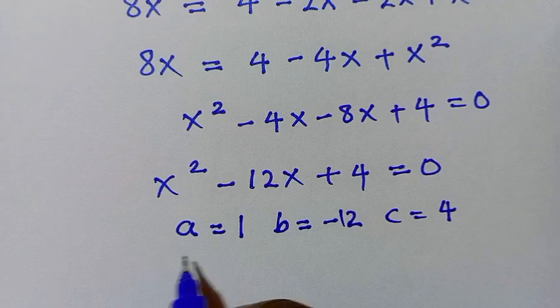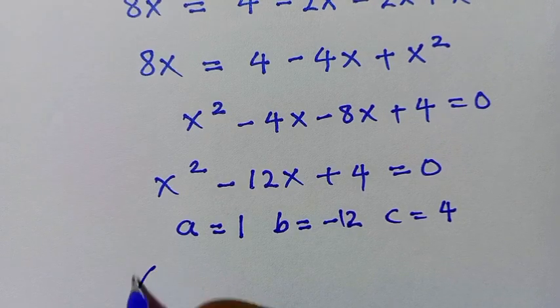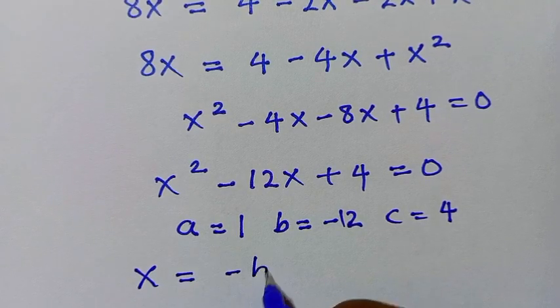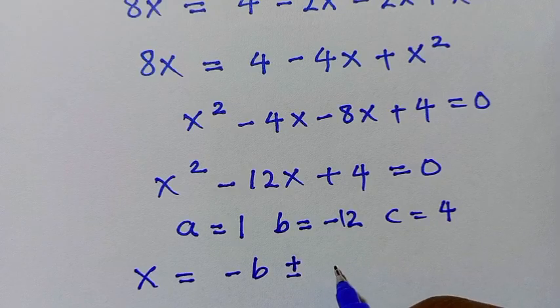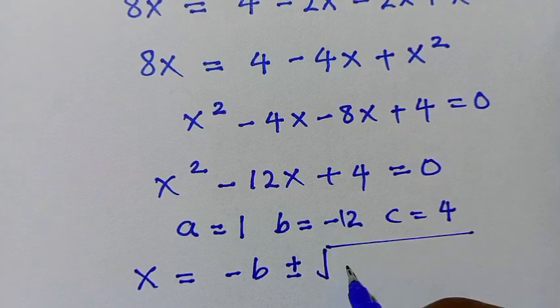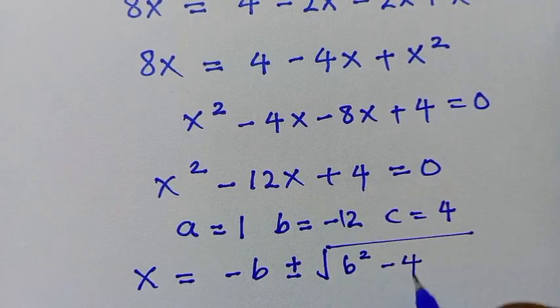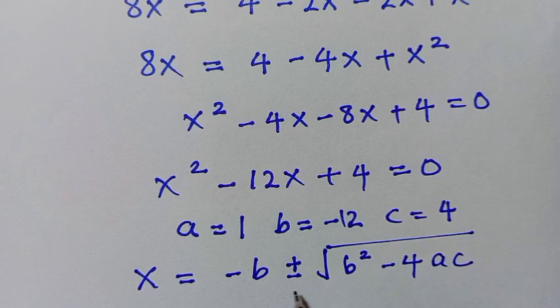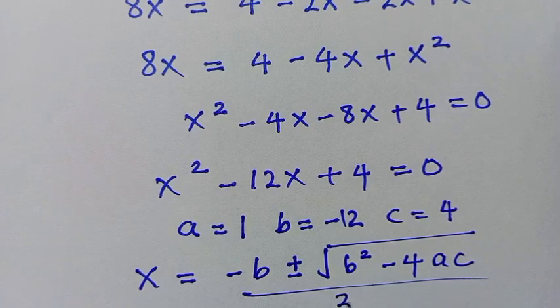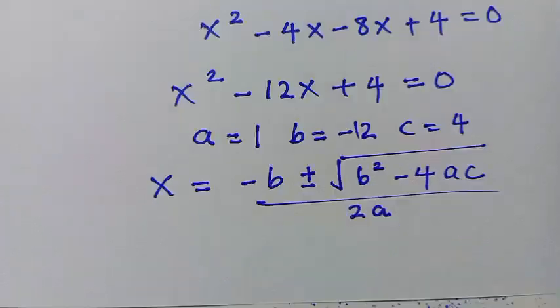So we have to substitute this in this formula, which says x equals minus b plus or minus square root of b squared minus 4ac, divided by 2a.